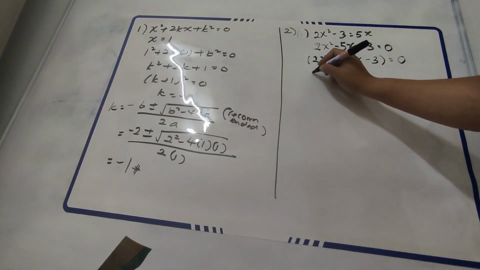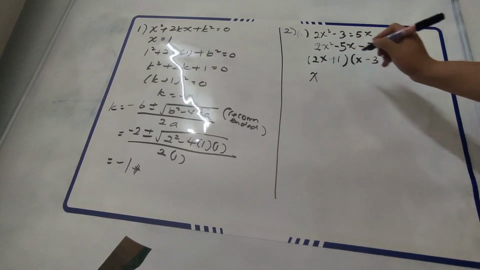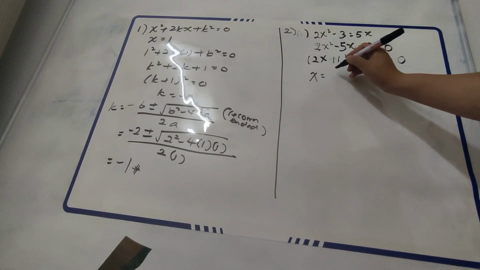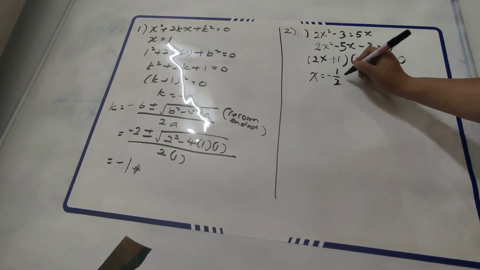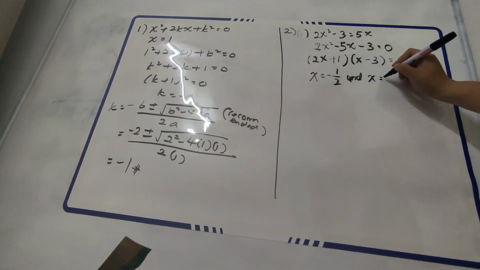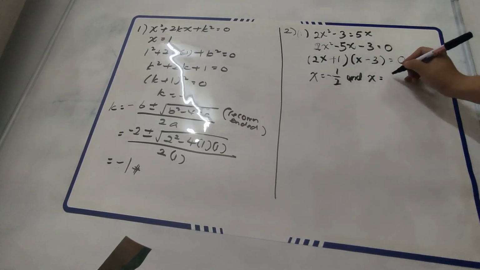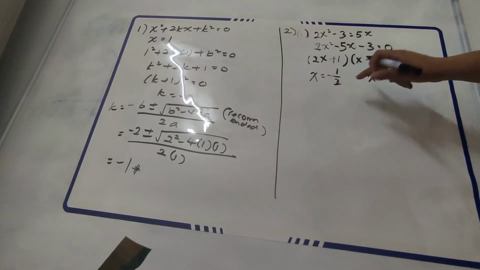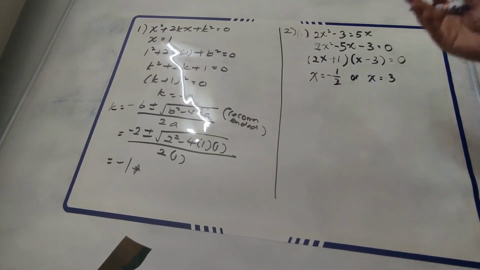So 2x plus 1 equals 0, so the root here is x equals minus half, and x minus 3 equals 0, so x is 3. We use an "or" here because either one is correct.